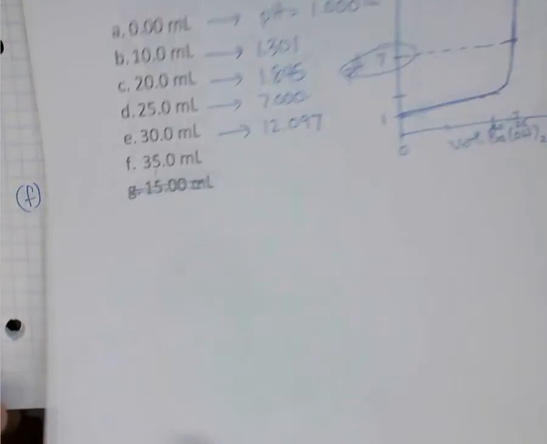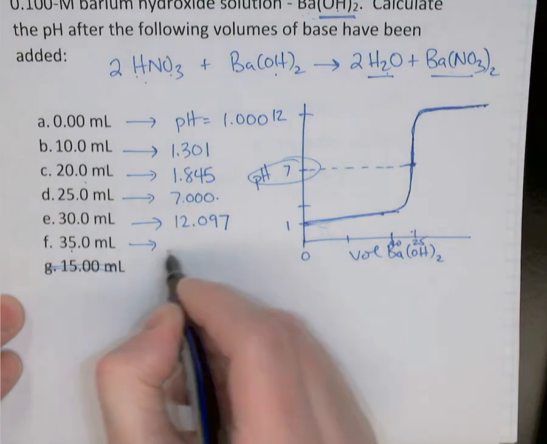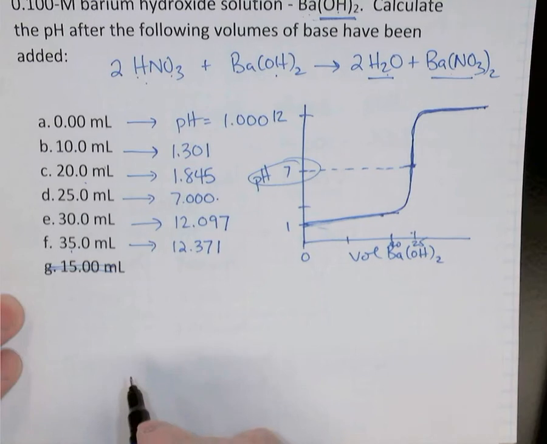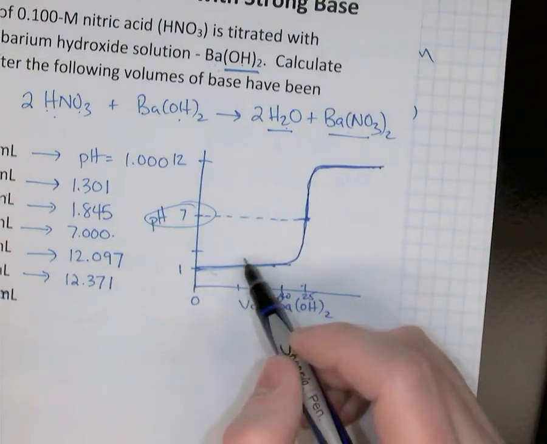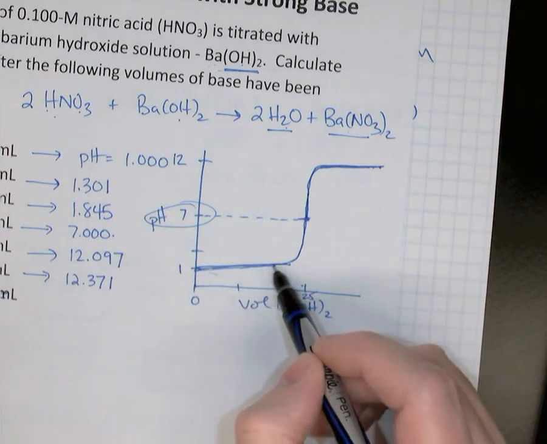So coming back to our original question sheet, the pH after 35 milliliters is 12.371.